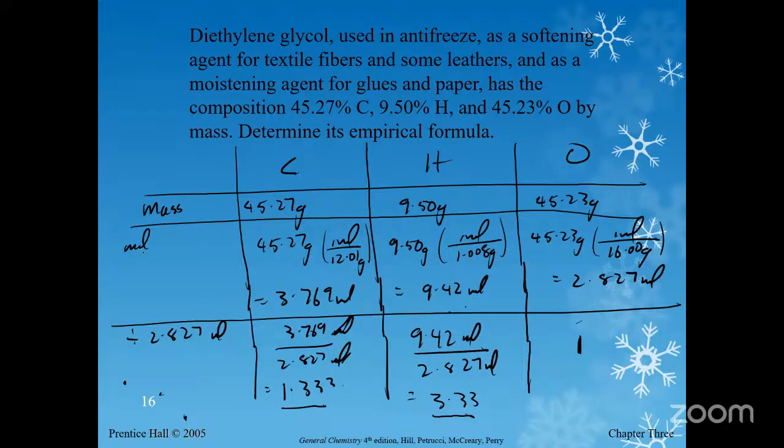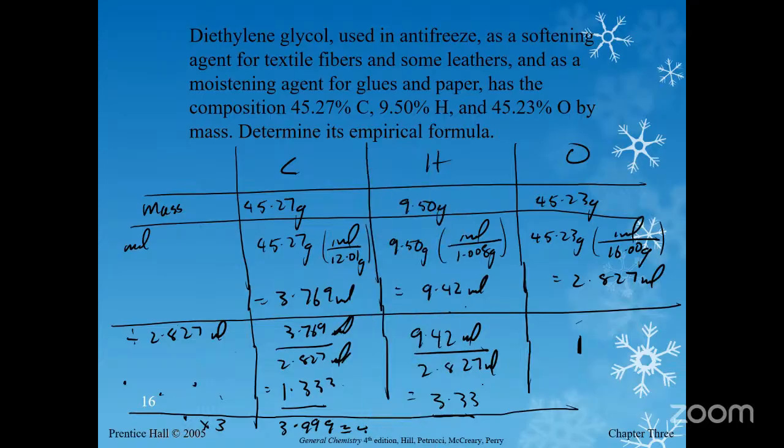So in this case here, I can tell that if I multiply everything by 3, then the 1.33 times 3 will give 3.999, which is very close to 4.